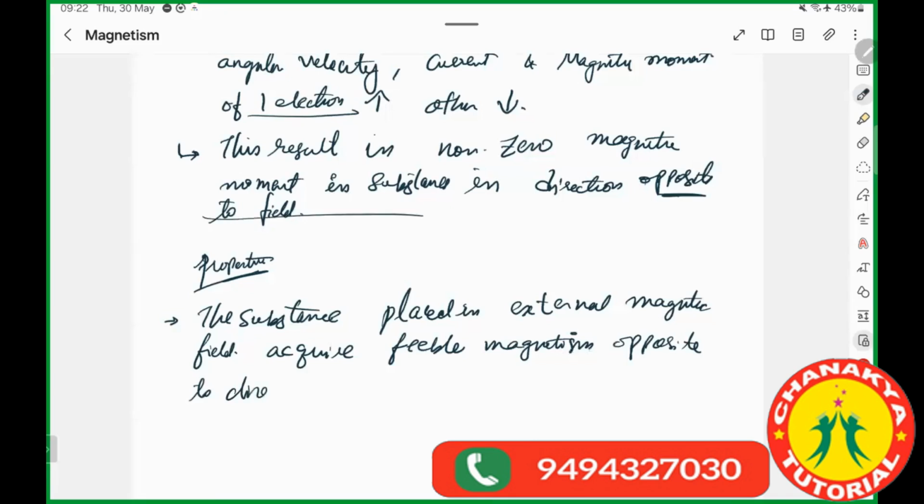See, it is written here: the direction of the magnetizing field.